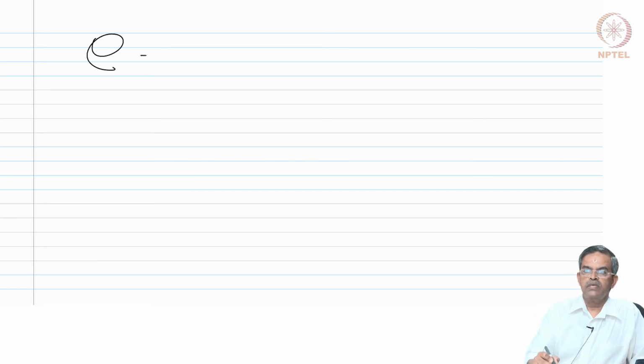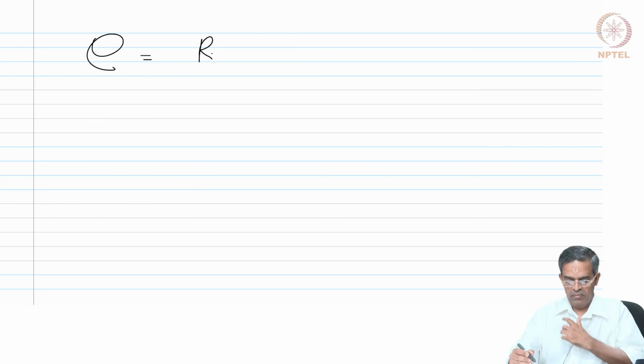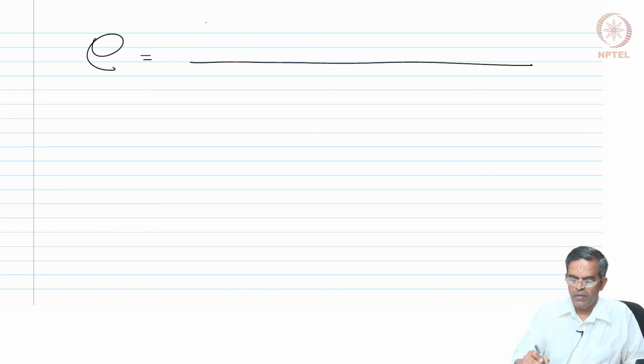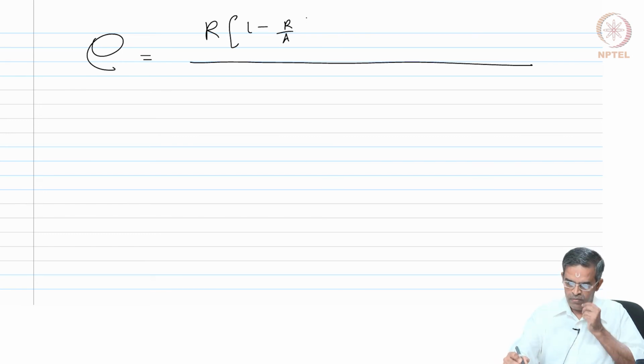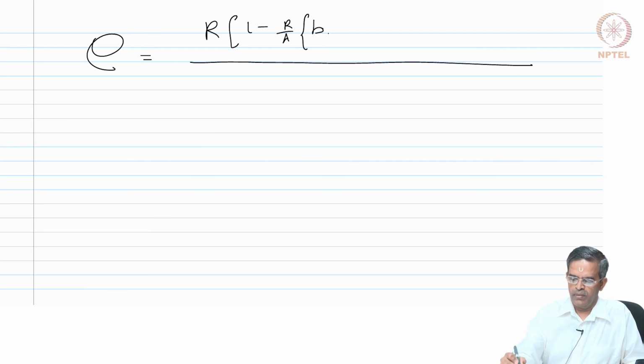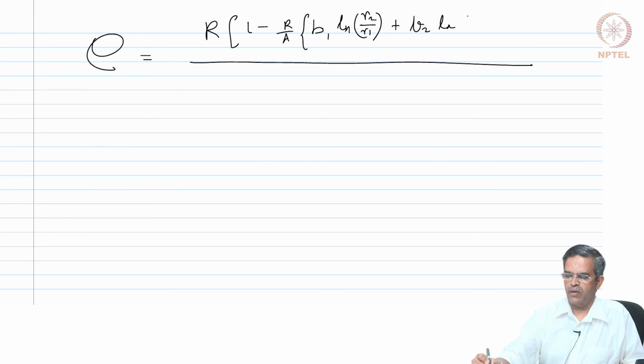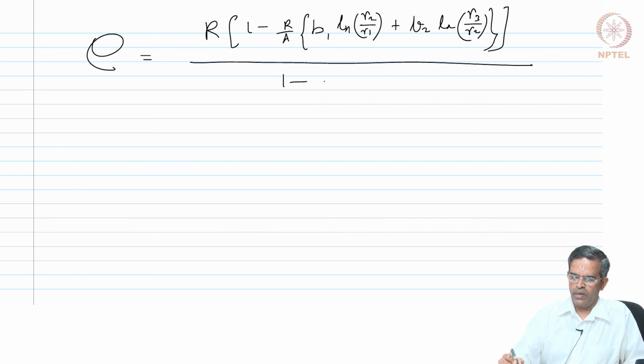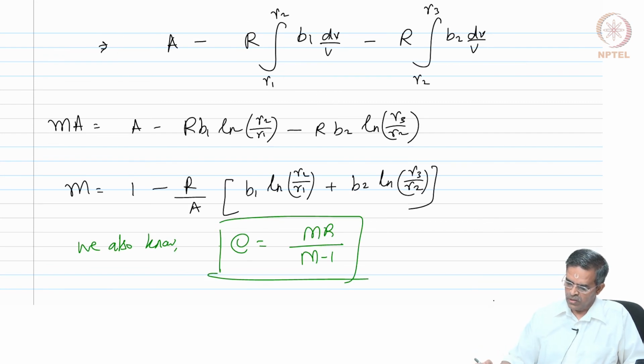So, by substitution e will become R times of 1 minus R by A, B1 ln of R2 by R1 plus B2 ln of R3 by R2, divided by 1 minus R by A, because you know there is a denominator M minus 1.